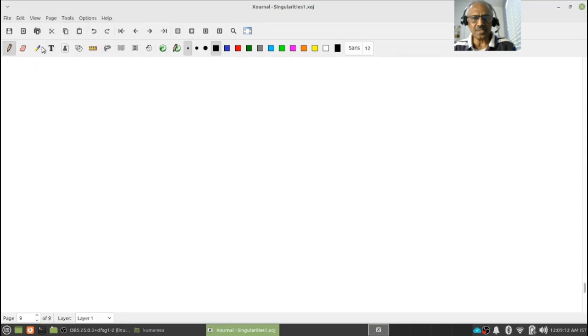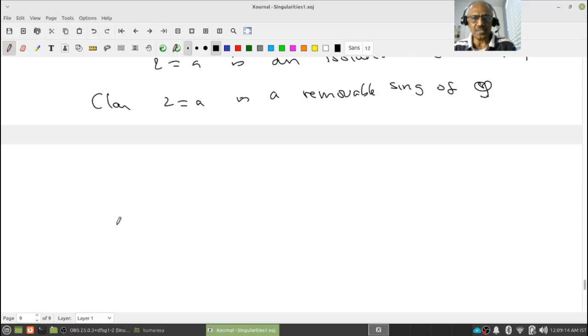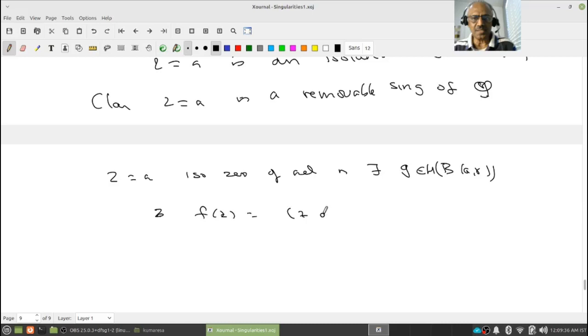If you had followed my argument so far, this will be easy, because since z = a is an isolated zero of order m, there exists a holomorphic function g in B-bar such that f(z) = (z - a)^m g(z) with g(a) not equal to 0.